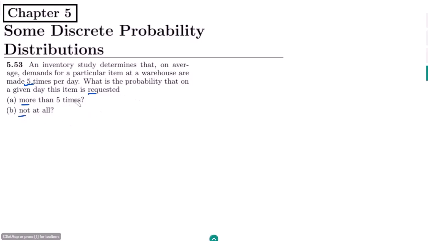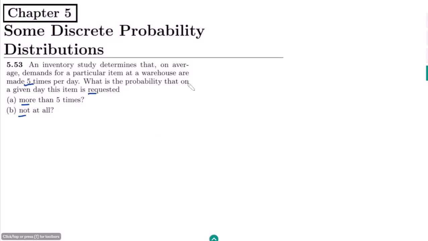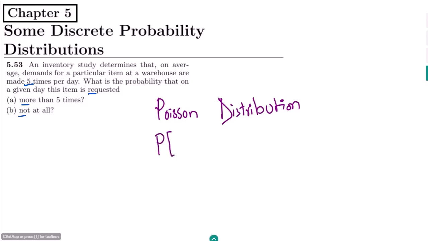So this is basically a problem related to the Poisson distribution. The formula for calculating the number of times an item is requested which are greater or lower than the average number of times will be the probability that x is equal to k, where k is the number of times an item is requested.